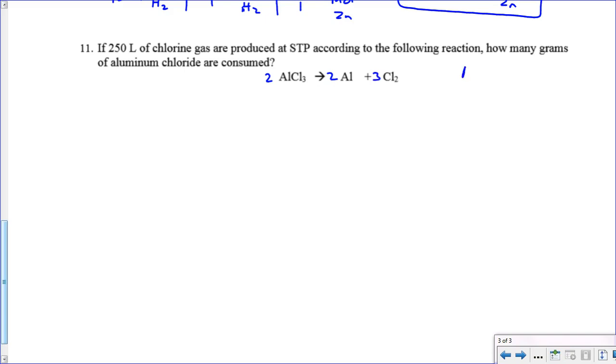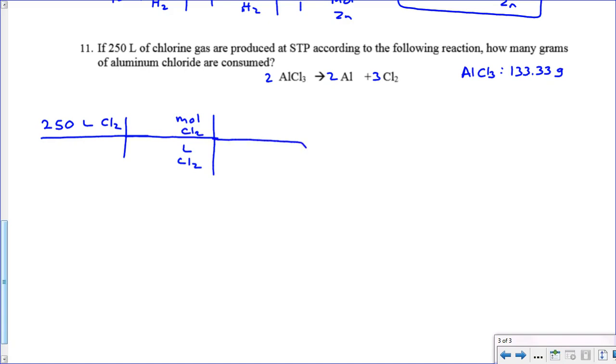And then, as I said, we need the molar mass of aluminum chloride, which is AlCl3. If you add up the masses from the periodic table, you should get 133.33 grams. All right, and then we start with the number that's given. That's 250 liters of Cl2. We want to go from liters of Cl2 to moles of Cl2.